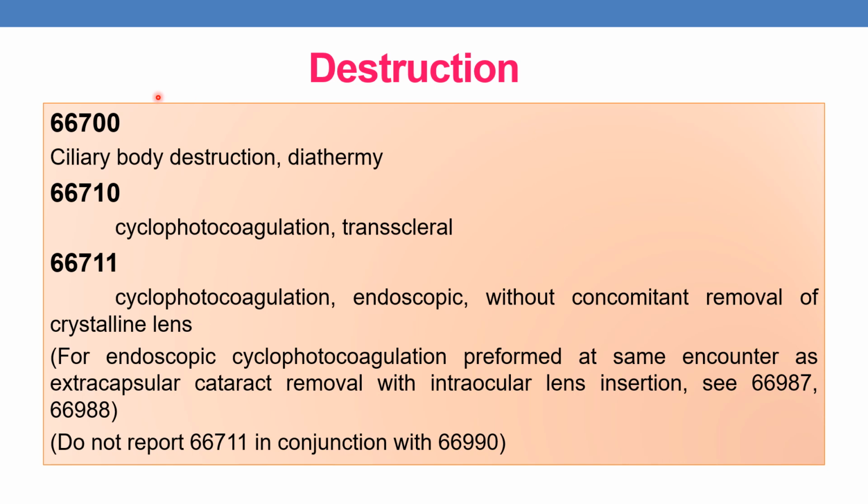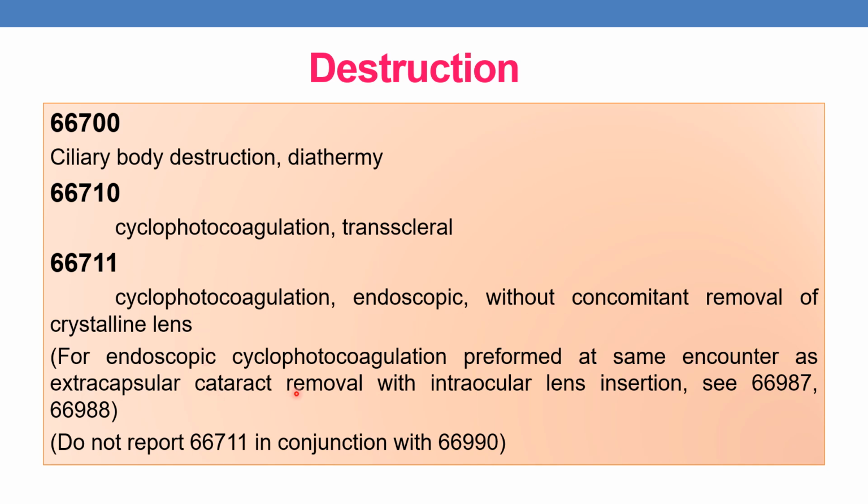Coming to destruction CPTs, the first one is 66700. Ciliary body destruction, diathermy. The next is 66710. Ciliary body destruction by cyclophotocoagulation, transscleral. The next is 66711. Ciliary body destruction by cyclophotocoagulation, endoscopic, without concomitant removal of crystalline lens.